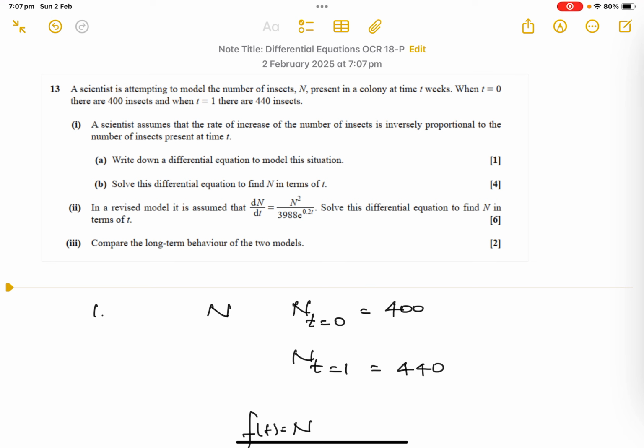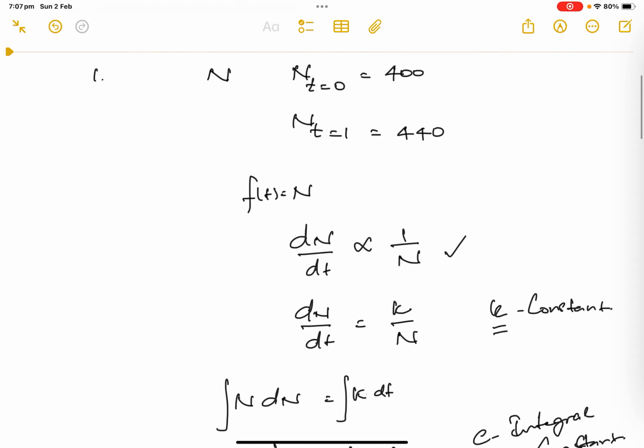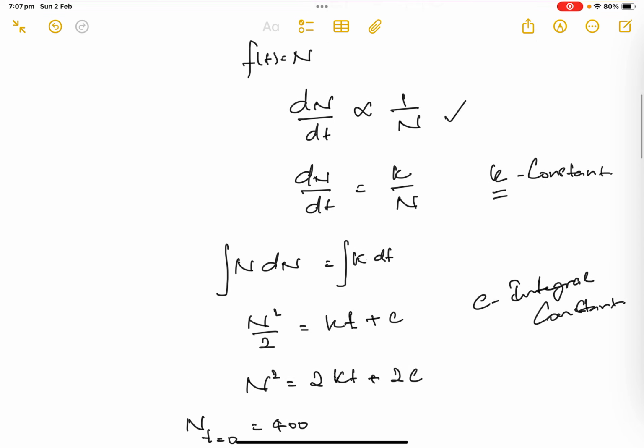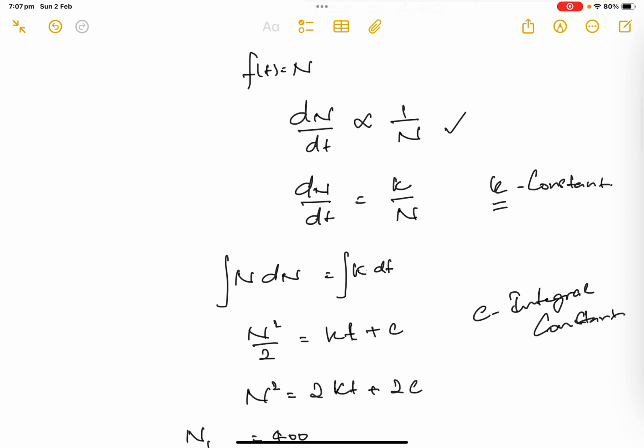Compare the long-term behavior of the two models. So we have found two different n's through different assumptions. The first assumption is the rate of change is inversely proportional.